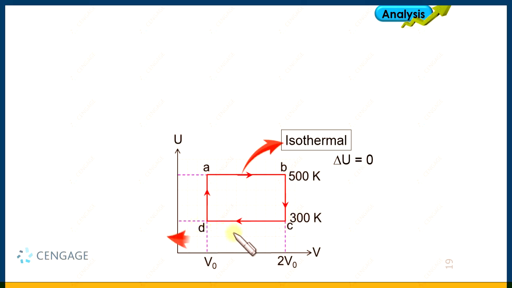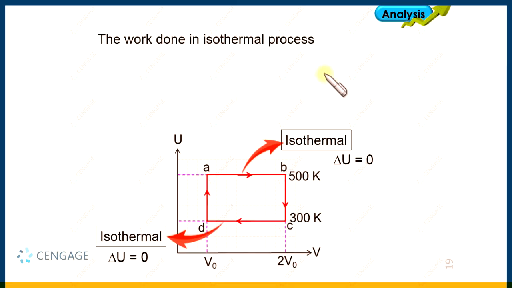This process is again isothermal, and delta U equal to 0. We can calculate the work done in these processes easily, because we have a ready-made formula. Work done in an isothermal process, W equal to nRT natural log V final divided by V initial.